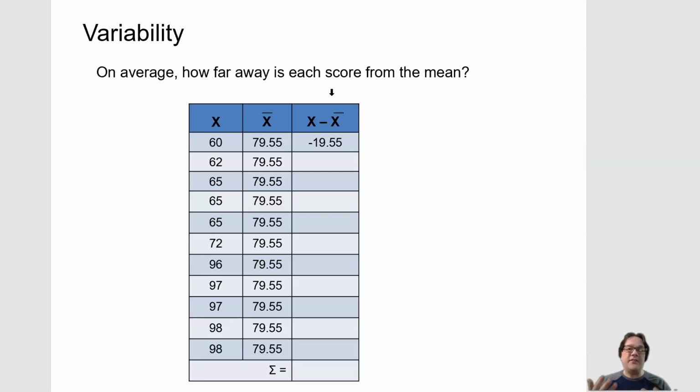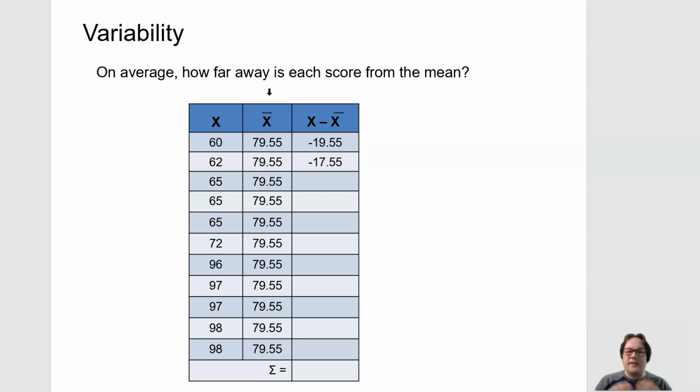So this is a deviation score. What does it say? Well, it says that x is 19.55 scores away from the mean of the distribution. Pretty simple, right? All we're doing is taking x, each value, and subtracting the mean.